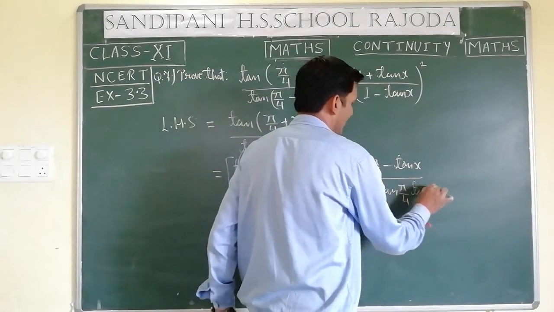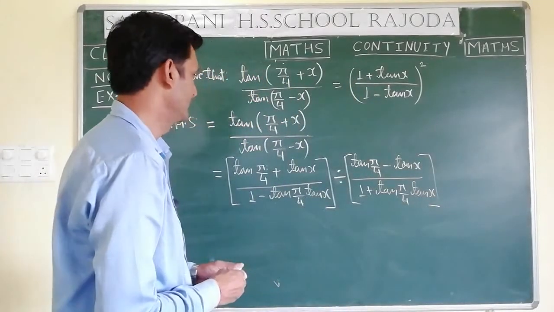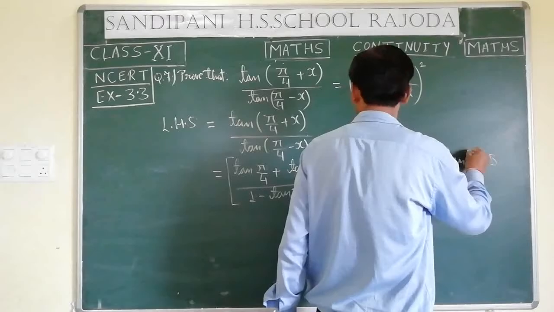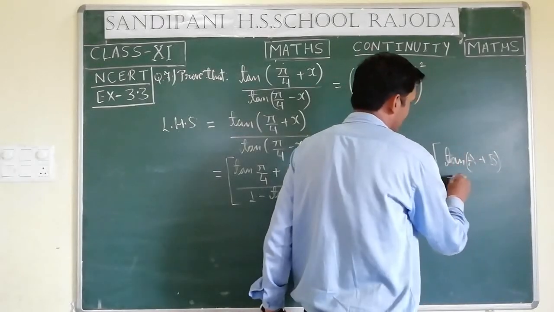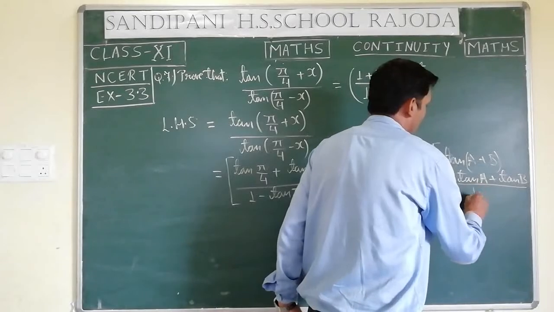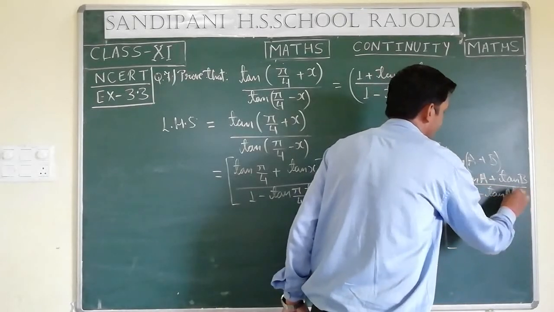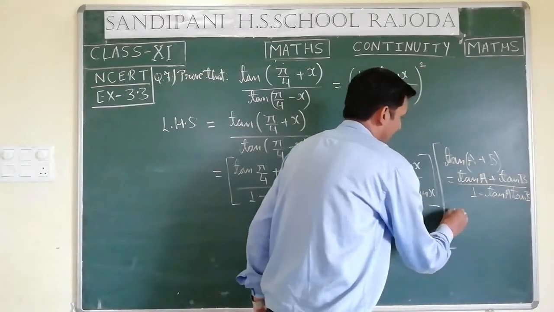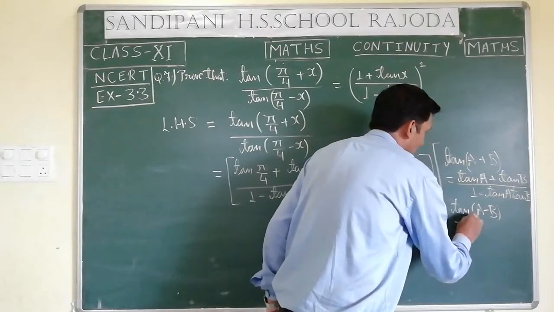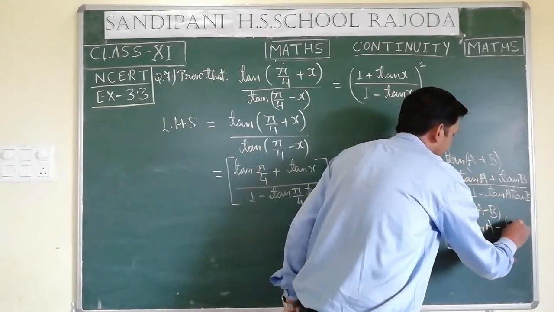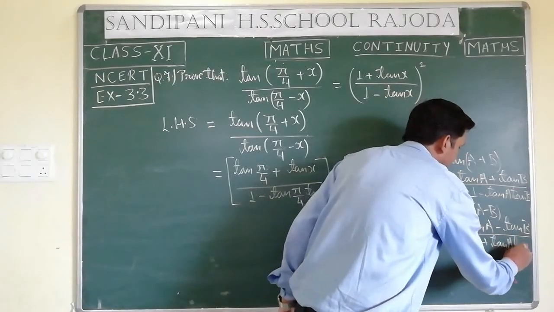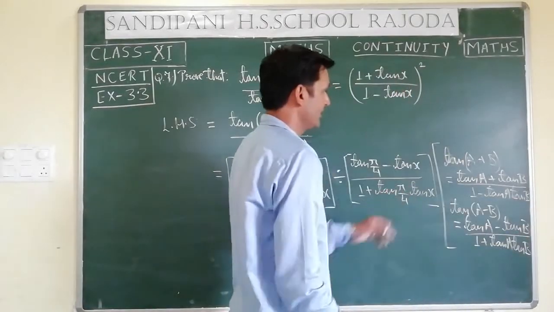Two formulae related to tan. Here I am mentioning those formulae: tan A plus B is equal to tan A plus tan B upon 1 minus tan A tan B, and tan A minus B is equal to tan A minus tan B upon 1 plus tan A tan B. These are the applied formulae.